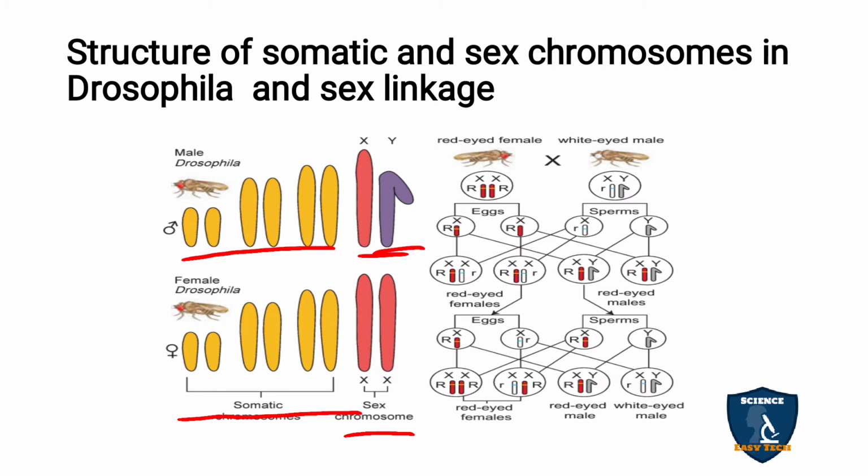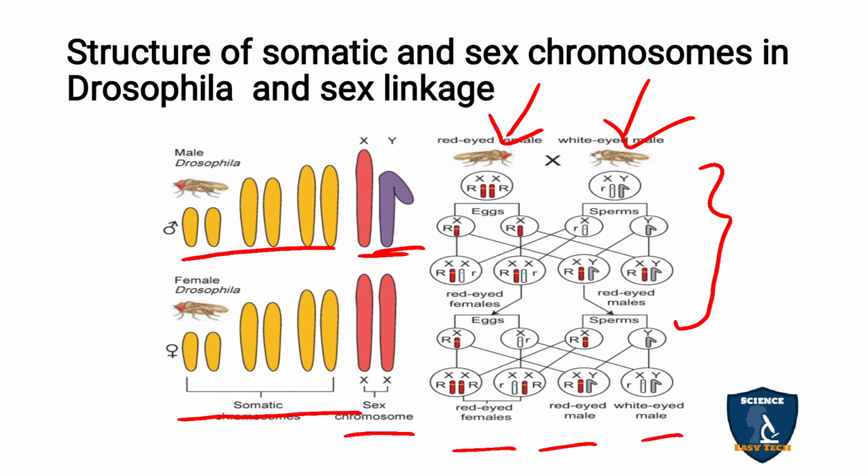Here a cross takes place between a red eye female and a white eye male. The gametes segregate, and in the offspring produced after gamete segregation and fusion, you get red eye females, red eye males and white eye males. The females both have red eyes, and among the males one is red eye and one is white eye.